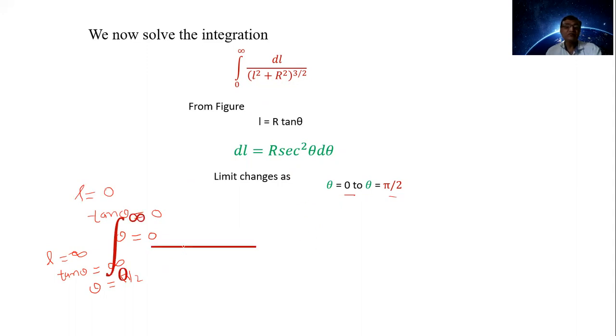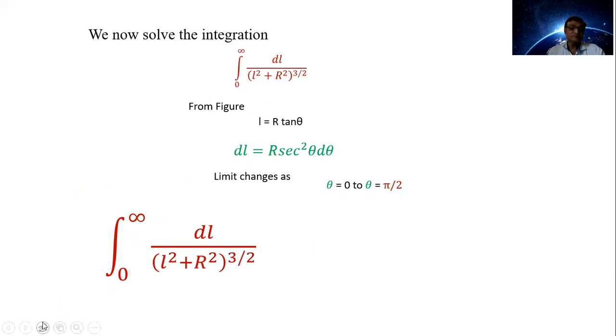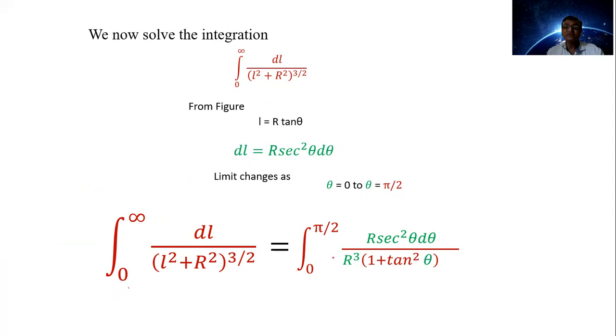Hence we can write the integral of dl upon [L square plus r square] bracket raised to 3 by 2, limit 0 to infinity, is equal to, putting L in terms of theta, integral of r sec square theta d theta upon r cube [1 plus tan square theta] bracket raised to 3 by 2. Integration limit is 0 to pi by 2 here.